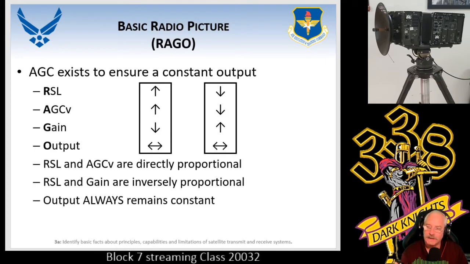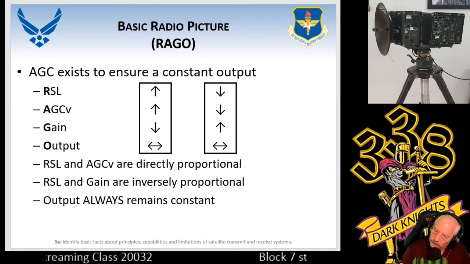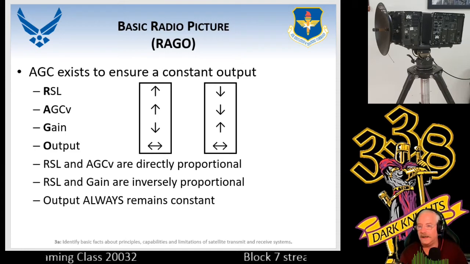As the plane gets closer to the base to land, and it starts talking to you more and more, you're going to have to start turning that volume down because the signal's getting stronger. Well, when it lands, you're probably being blasted out, so you got to turn that thing almost all the way down just so you can understand what this individual in the plane is telling you, and vice versa.